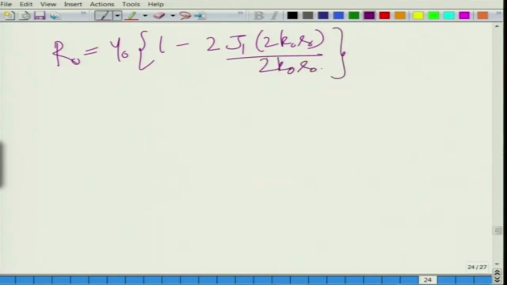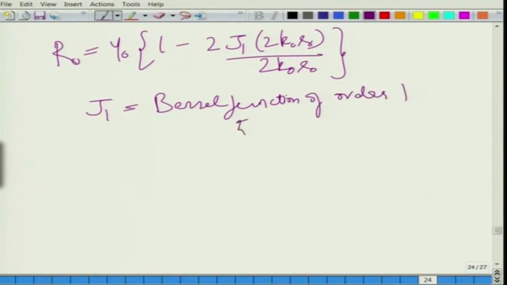Where J 1 is your Bessel function of order 1 and first kind.